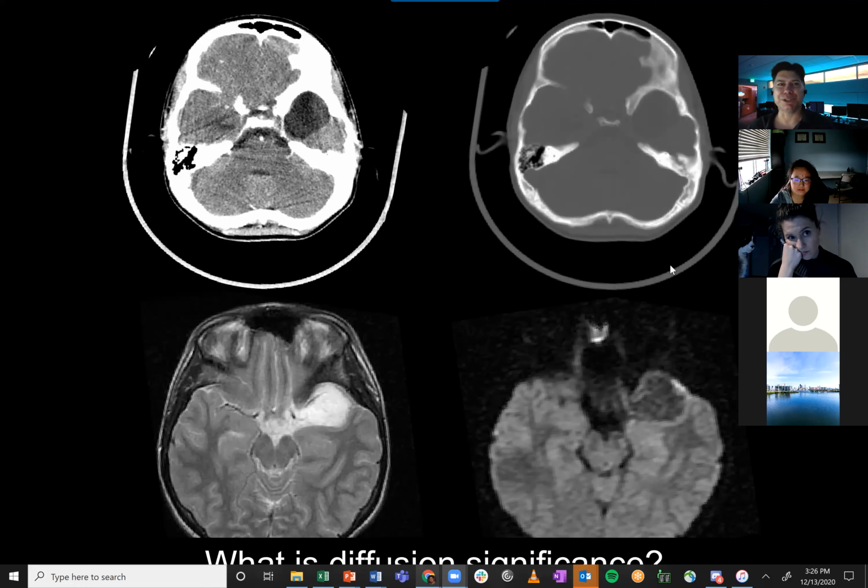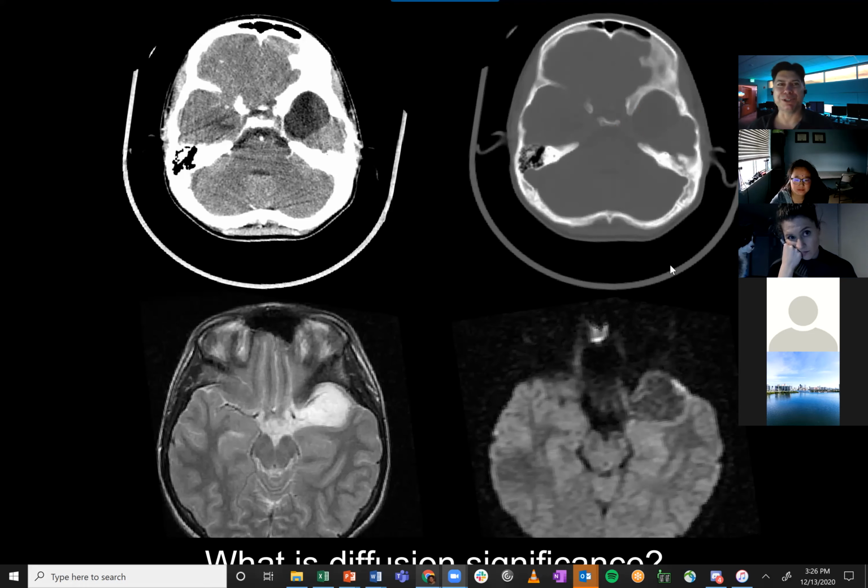In this case, top left, we have a T1 without contrast of the skull base, at the level of the parotids of the neck. Then we have a T1 post contrast on the right. On the bottom left, it's a T2 fat suppressed sequence, and this is also a T2 fat suppressed sequence.